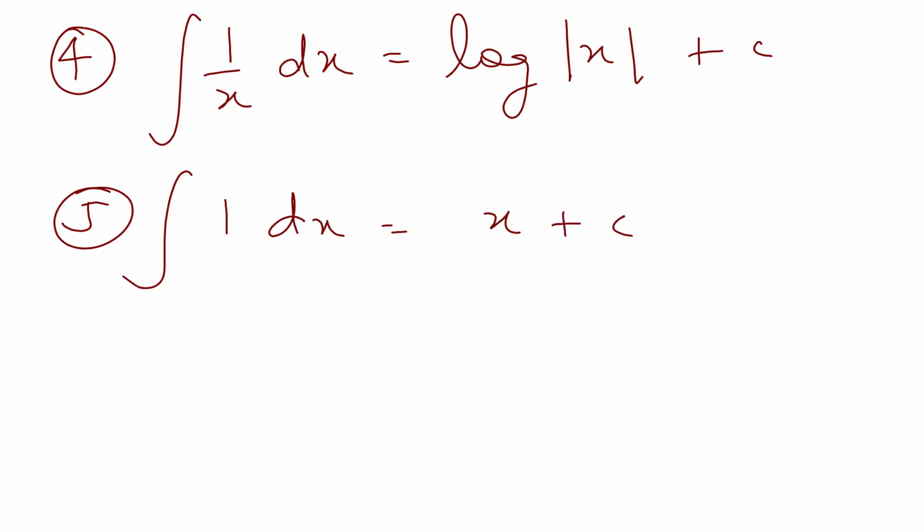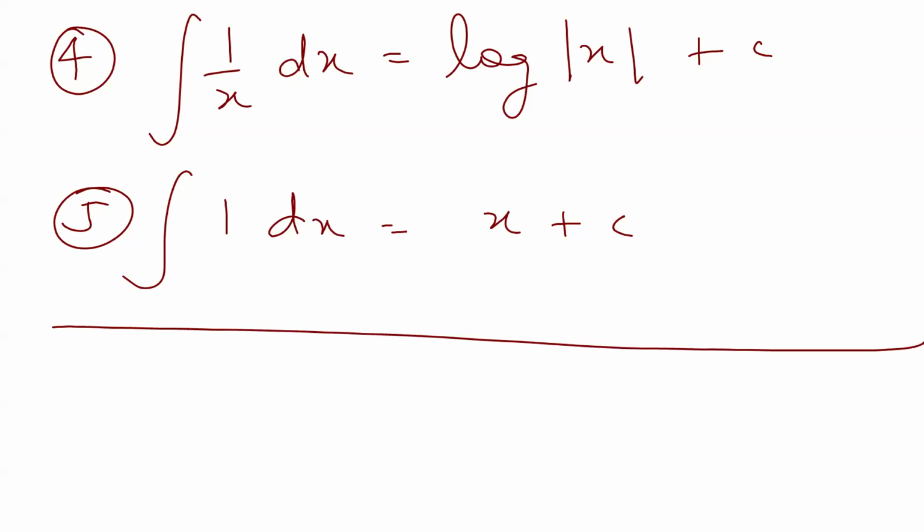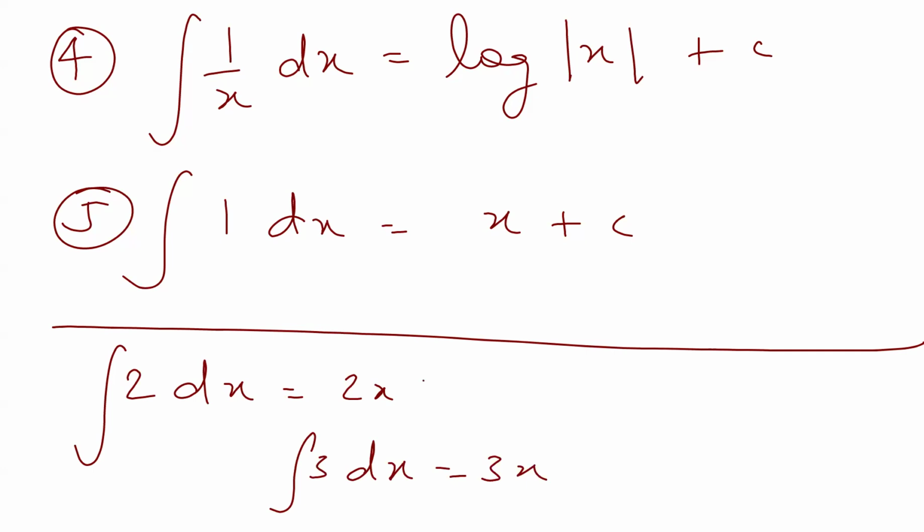Now I'll take a pause over here. So integration of any constant is not zero. In derivatives, the derivative of a single constant is zero, but the integration of a single constant is not zero. Few more things. Integration of 2 dx is 2x. Integration of 3 dx is 3x plus c. Okay, you should remember this.